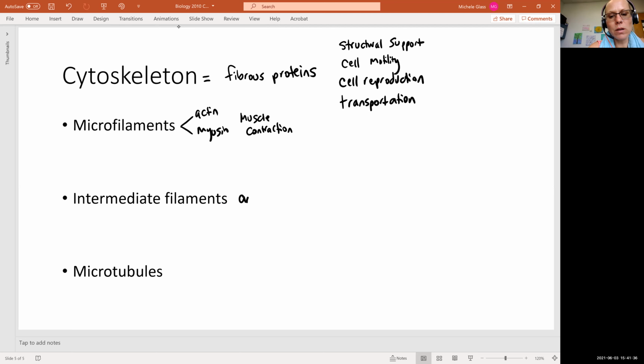Intermediate filaments are going to be more involved in anchoring organelles. So we have these intermediate filaments that are attaching organelles to each other, attaching organelles to the cell membrane. It's very much these intermediate filaments that often make these little pulley sort of pathways between organelles as we talk about those movements of those vesicles.